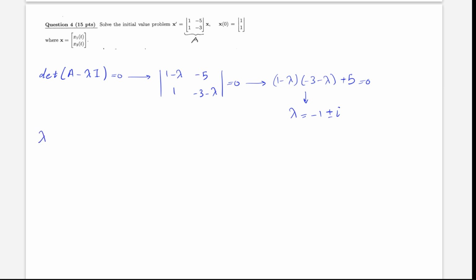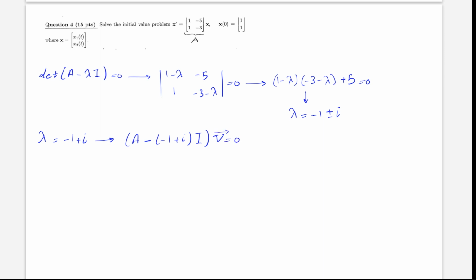So I'm considering the eigenvalue minus 1 plus i. We want to solve the expression A minus lambda, where lambda is minus 1 plus i, times the identity matrix, then v equal to 0.